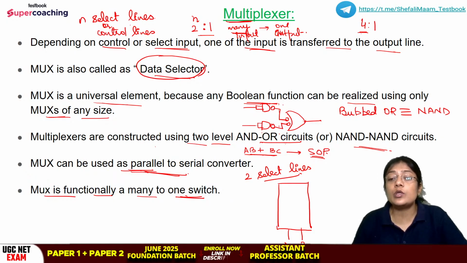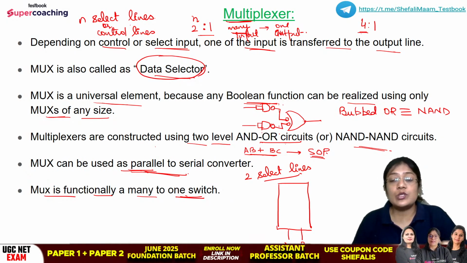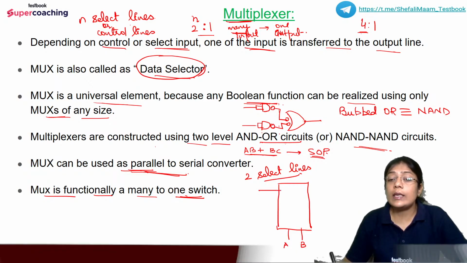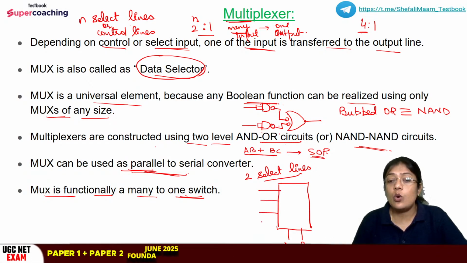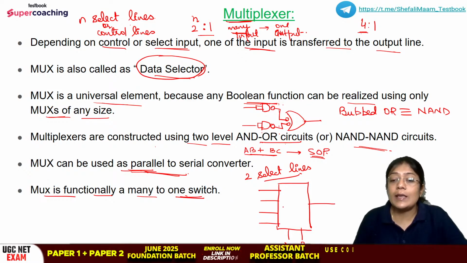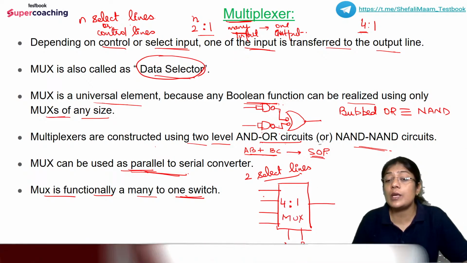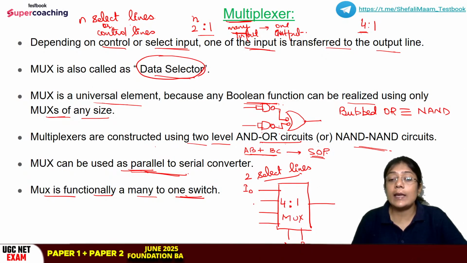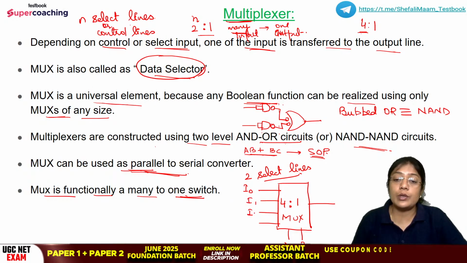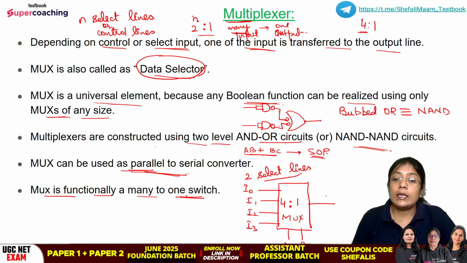The value of A can be 0 or 1, the value of B can be 0 or 1, so with two inputs we get four combinations. So the size of the multiplexer is a 4:1 multiplexer, because we have four input lines I0, I1, I2, I3, and here this is your output line.